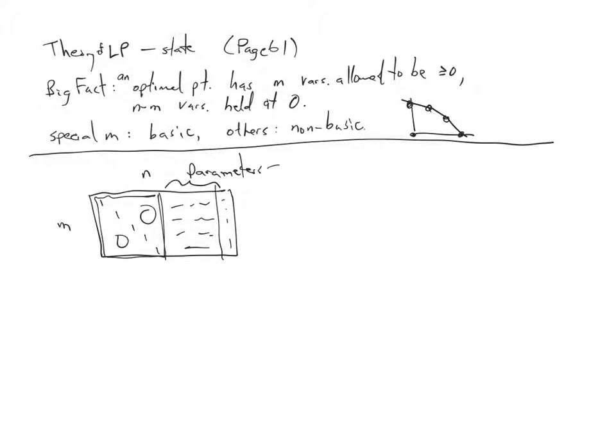So in that case, we just set the n minus m parameters to any values we wanted and solve for the others. This is the same situation, except because we have the restrictions that all the variables are greater than or equal to 0, setting the parameters gives us what we want.